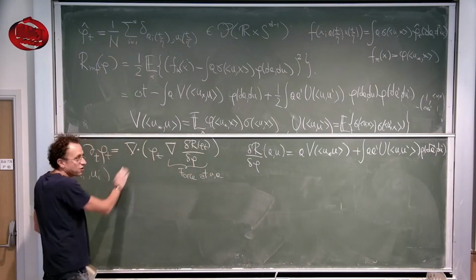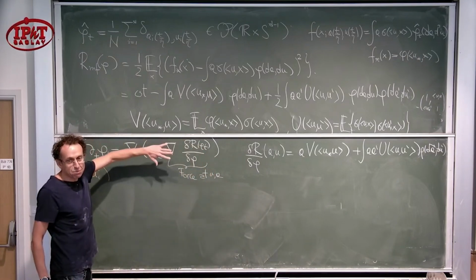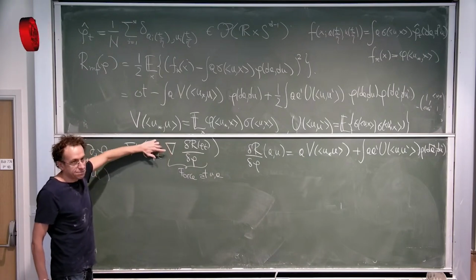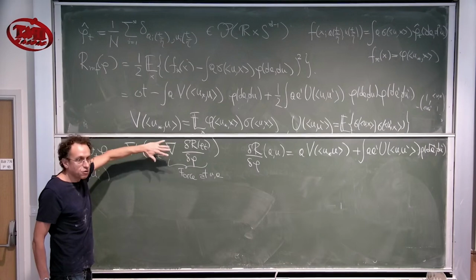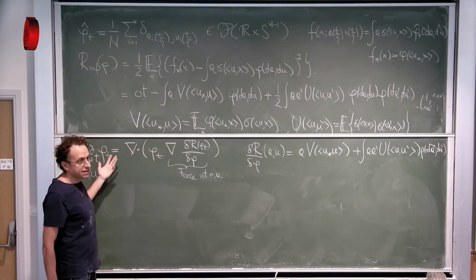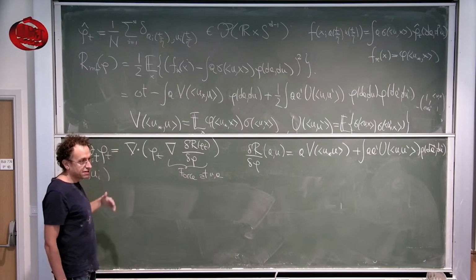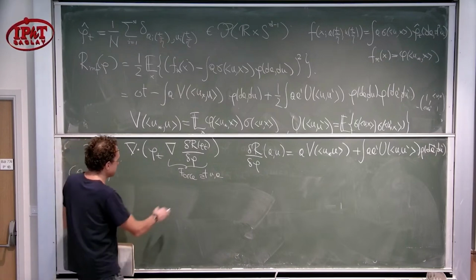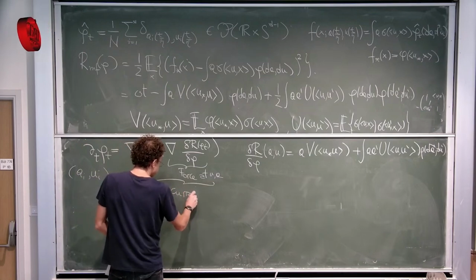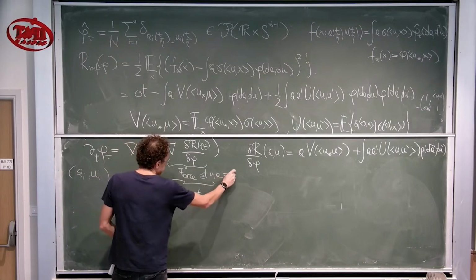So now it's kosher, because this is an interpretation that doesn't require an argument, and the interpretation is when you look for a weak solution, this is true when you test it against a function, when you integrate against it. So this is the force, this is the current. So the force is equal to the velocity.